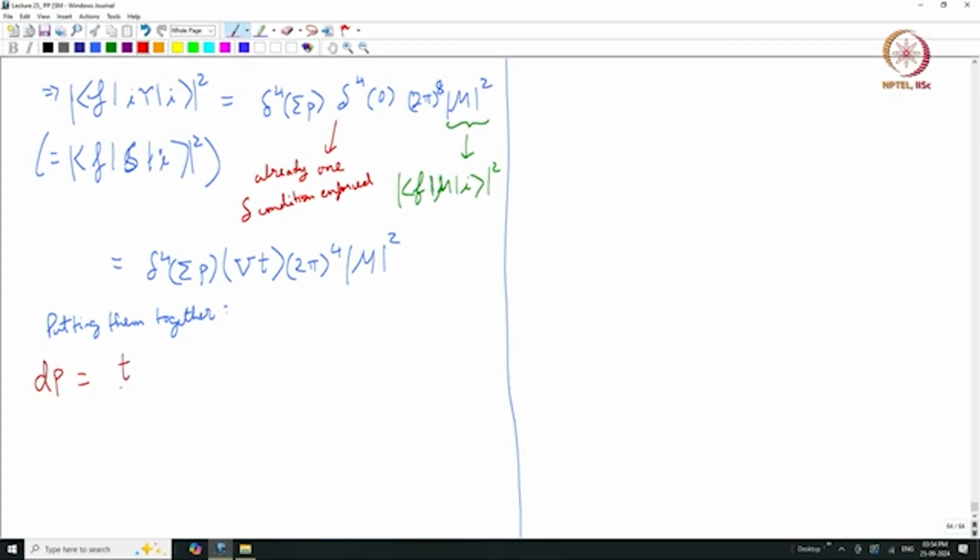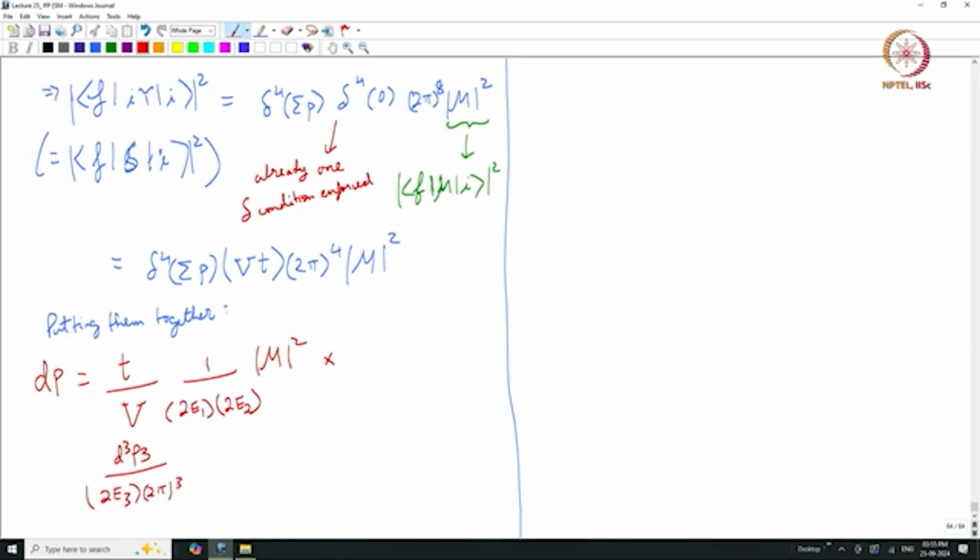That is going to be T over V, 1 over 2E1, 2E2, M squared, times d cubed p3 over 2E3 2 pi cubed.